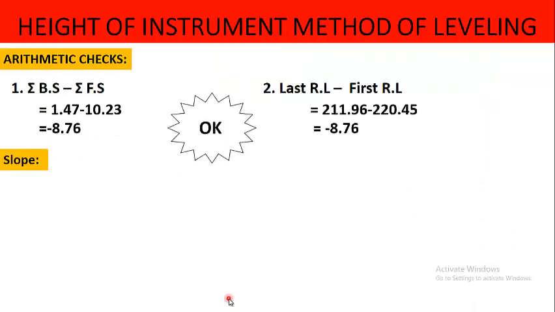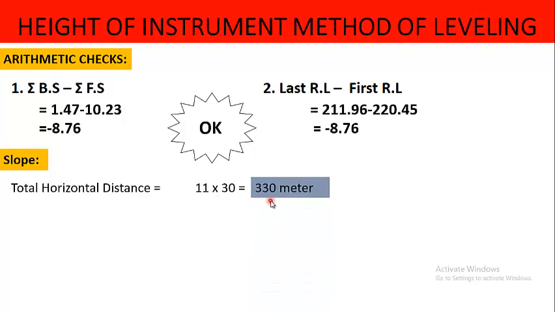So to get the total horizontal distance, we will multiply 30, that is the interval distance between 2 readings, multiplied by 11, that is the total number of intervals.